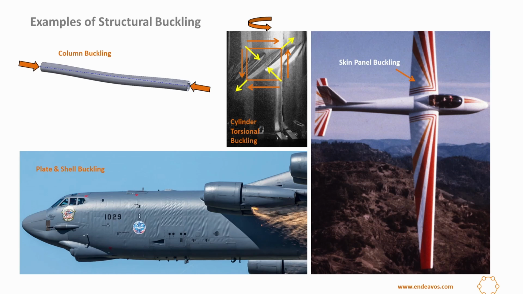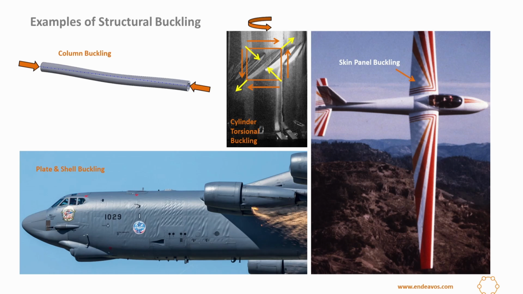One important point to note here is that buckling does not always mean failure of a structure. In the case of this column, we know that as soon as we get to the critical buckling load, the column will fail and it will not support a compressive load.